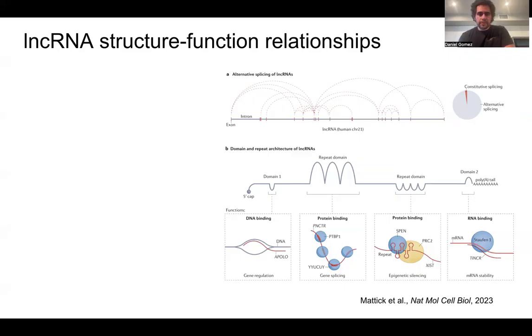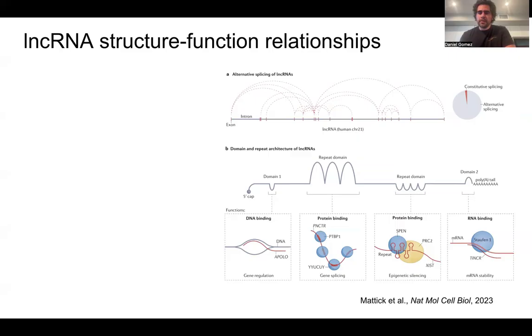And so the different functions are DNA binding, with gene regulation, such as APOLO, which is an APOLO DNA interaction. Protein binding, such as PNCTR and PTBP1, with gene splicing.